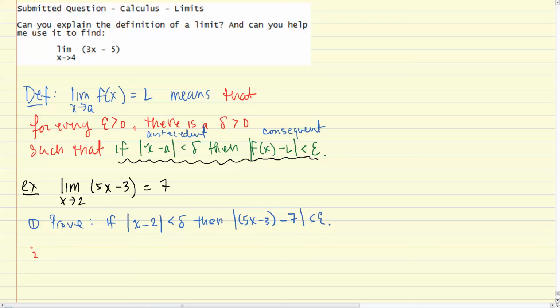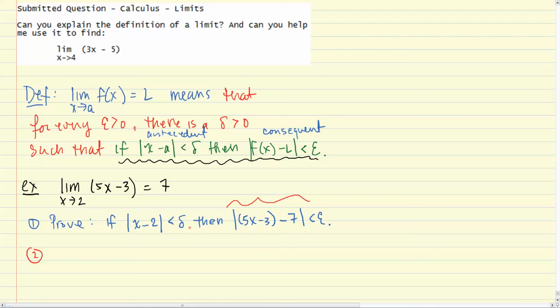Now, to do this, we have to come up with a candidate for delta, which will link these two statements together, because right now there's no linkage between the delta and the epsilon. The name of the game is to find a delta such that it causes this to be true, and without a linkage to the epsilon, there's no way we can make that true.